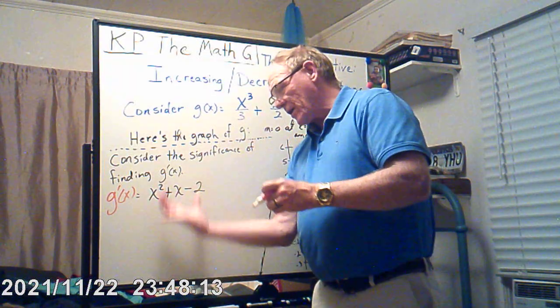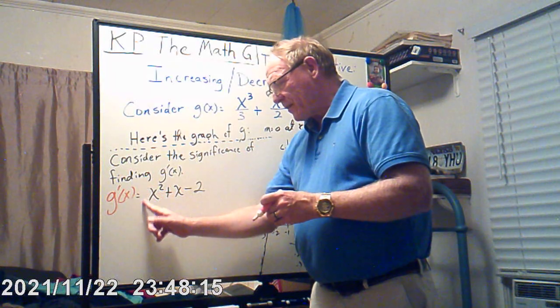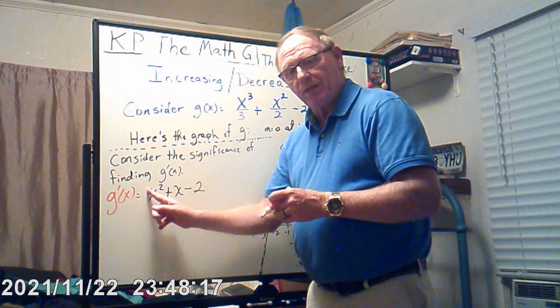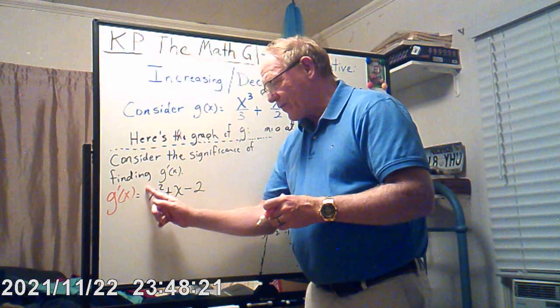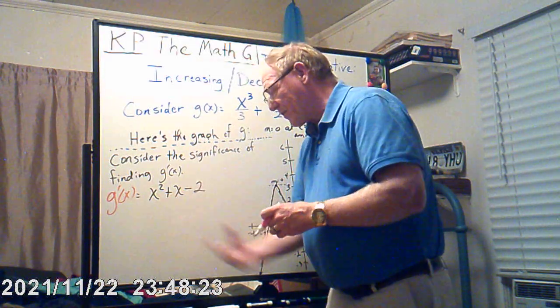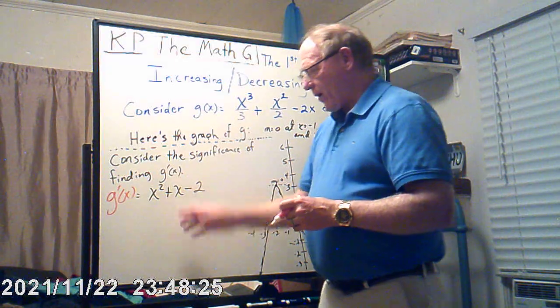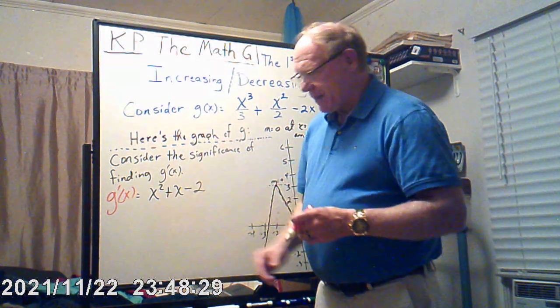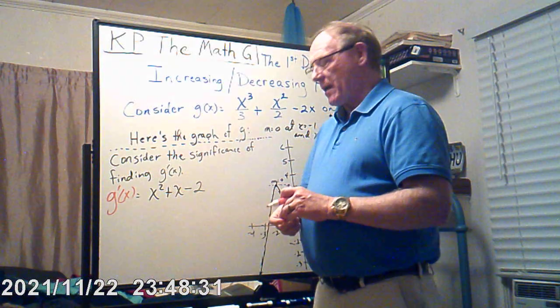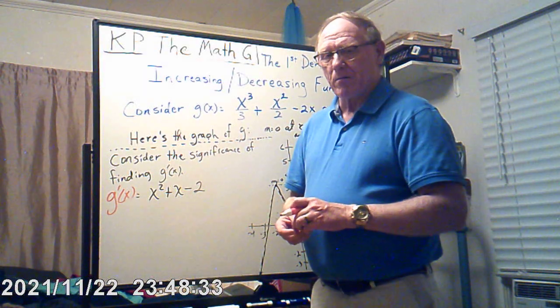It's curved upward because there's an understood positive number, it's 1, in front as the lead coefficient. So we know that it's curved upward, and this has a min, which we could get into, but we want to find out where that minimum is.